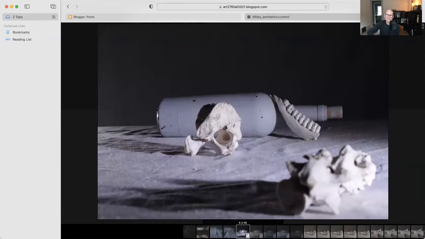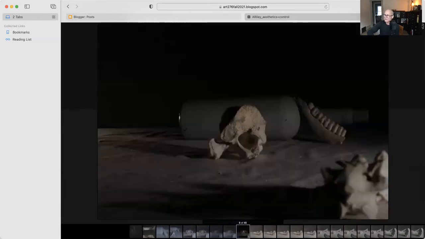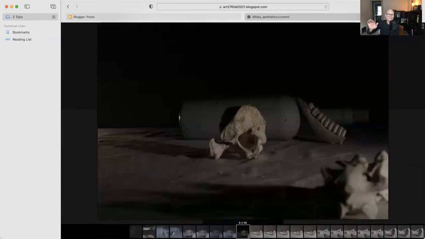But these are way too similar to have in the same series unless there's some conceptual reason to have them doing this, right?